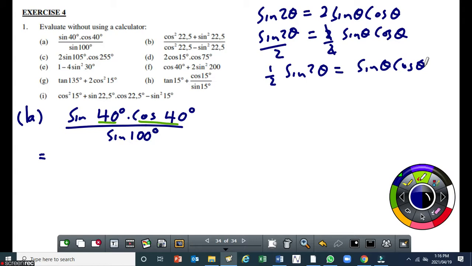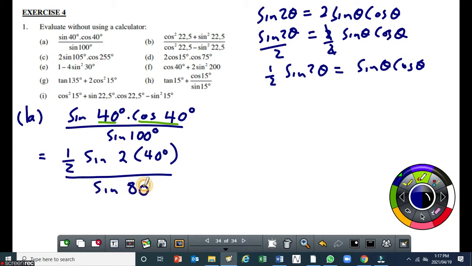So this sine 40 degrees times cos 40 degrees, I can write using a double angle as half sine of 2 theta, so it will be 2 times 40 degrees, like that. And all this is dividing sine 100. Now, sine of 100 is the same as sine 80 degrees.